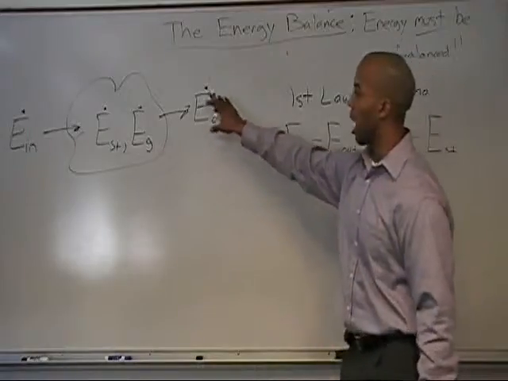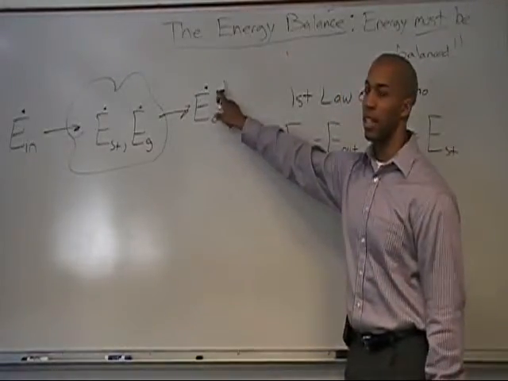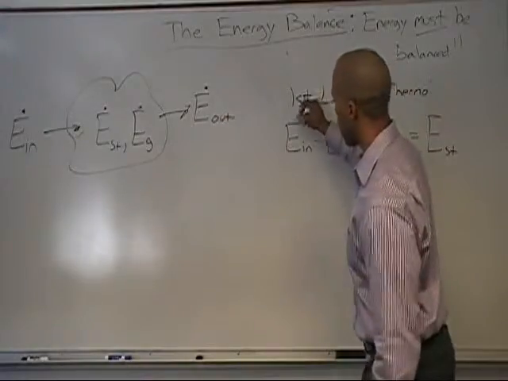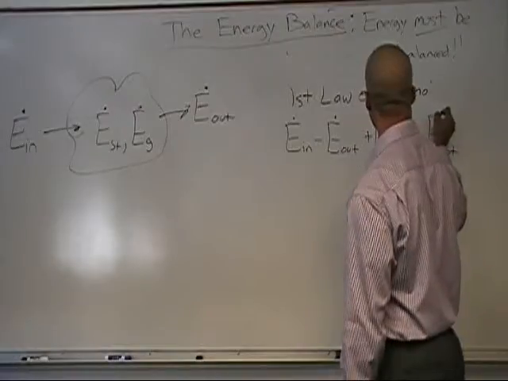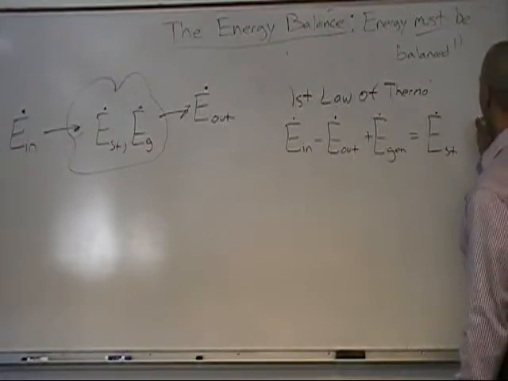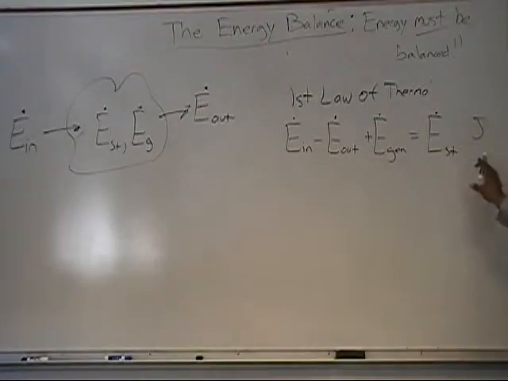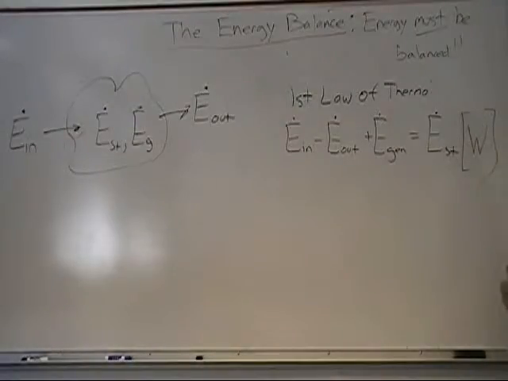Now you see here I wrote dots over the terms. These dots indicate that these are rates. These dots are what distinguish heat transfer from thermodynamics. By adding the dot, we move from the units of joules to joules per second, to watts, which are equal to joules per second.